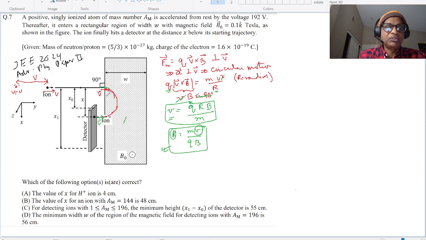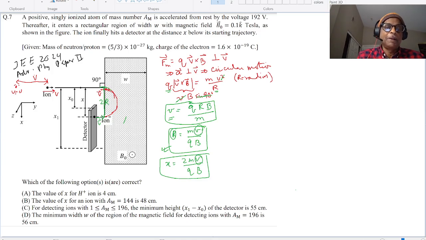So this distance will be 2r, so x will be 2 m v over q B. If I know v, I'll be done with the value of x.